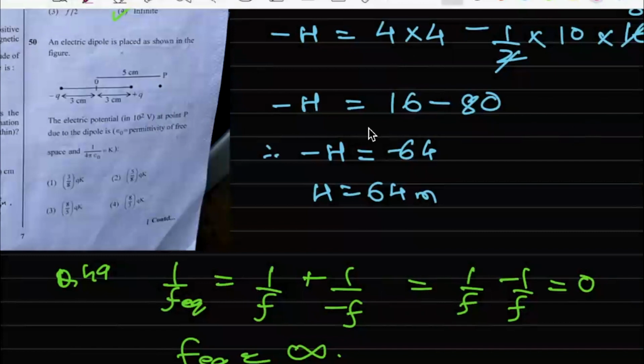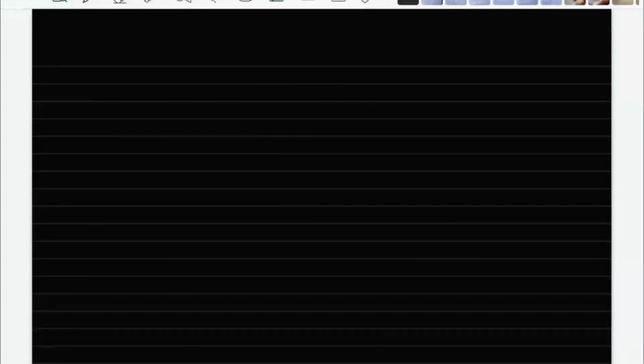So I'm just going to simply use the formula. So I think let's go to the next page. So yeah, potential due to dipole is 1 upon 4 pi epsilon naught, p cos theta upon r square minus l square cos square theta.